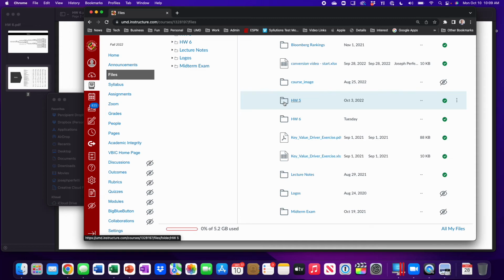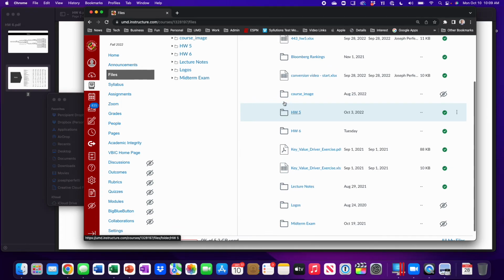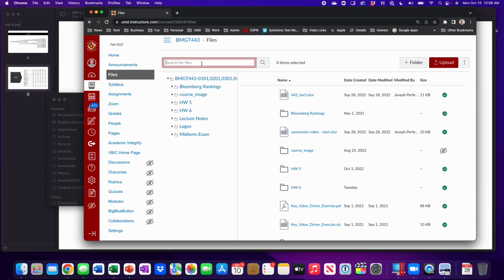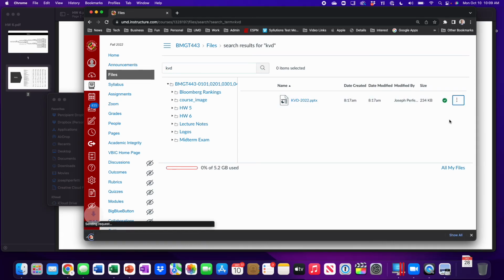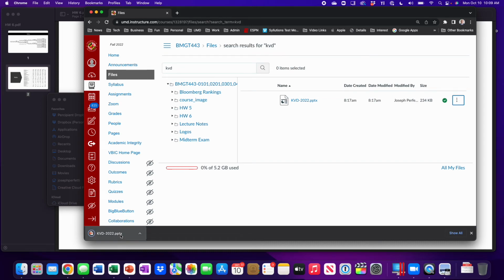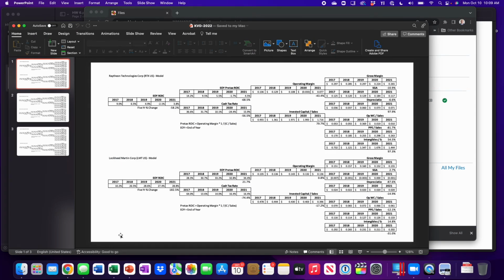Did somebody delete it by mistake? Were you able to get to that file? Is it still there on your screen? If you sort by date created or date modified, you could search for files too. I'm going to search for the file. That is bizarre. You're seeing that I can't see the file that I uploaded that I just showed you. I don't know what's going on. There's a ghost in my computer. All right, I'm going to download this file. That's really weird.